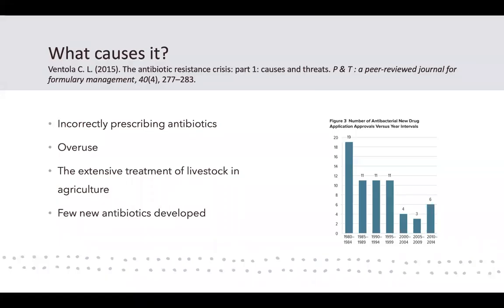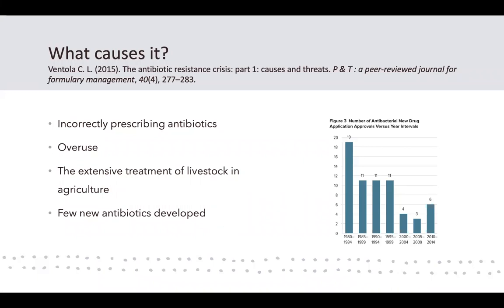So what causes antibiotic resistance? Dr. Ventola and colleagues wrote a paper called The Antibiotic Resistance Crisis, which reviews what causes antibiotic resistance and some things that we might not think about. Some common ones you might know are the overuse of antibiotics, the misuse of antibiotics, and incorrectly prescribing these drugs.